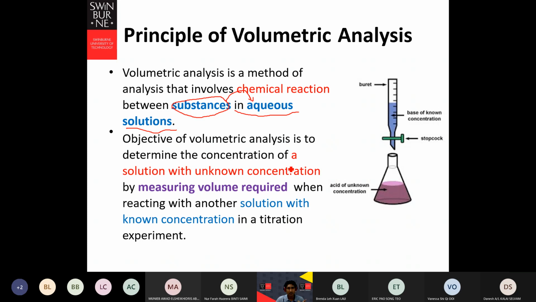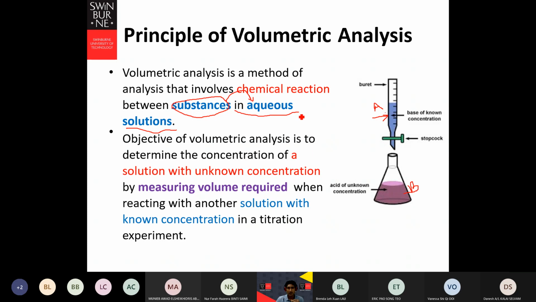Let's say that we want to know the concentration of this solution. There is solution A or reactant A, and this is reactant B. All right. So we want to know the reactant B concentration or reactant B's strength.